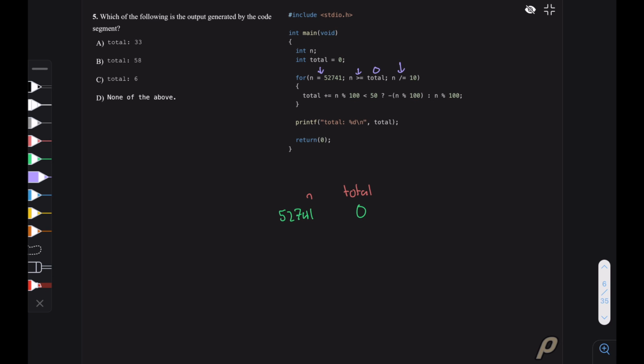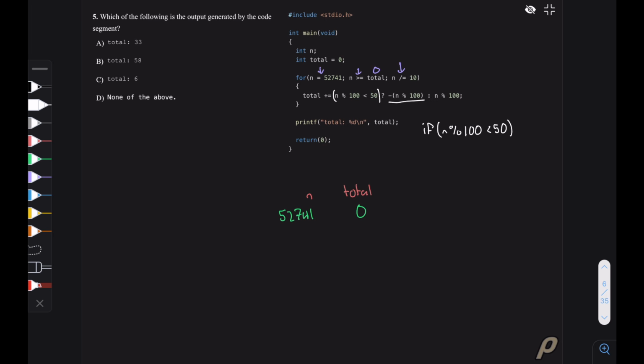So then we look inside of our for loop here, and we have this yummy looking ternary operator here. So basically, I always like to write these as if-else statements just to help you see it better. It makes it a lot easier to make sense of. So what this is, we do if n mod 100 is less than 50, then this is the condition if it's true.